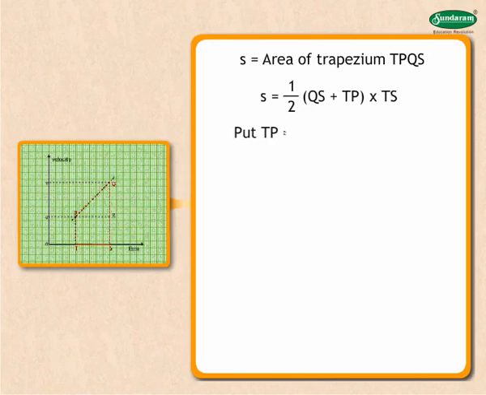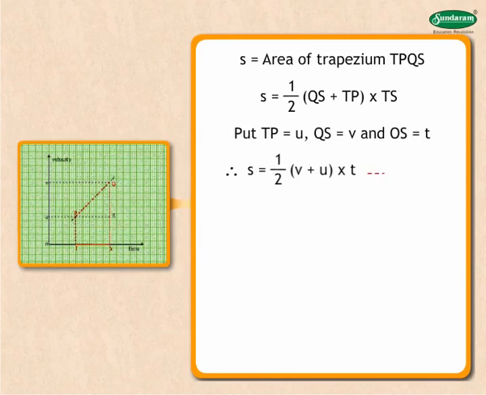Substituting the values of TP as u, QS as v, and TS as t, we have, therefore, s is equal to half multiplied by the sum of v and u multiplied by t.